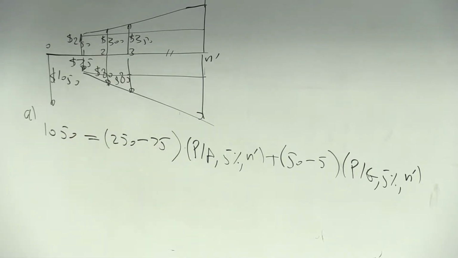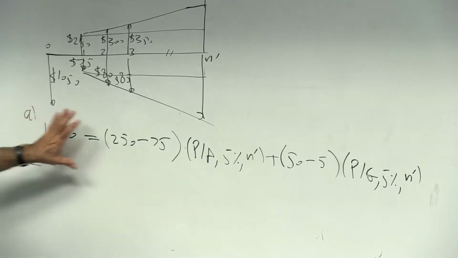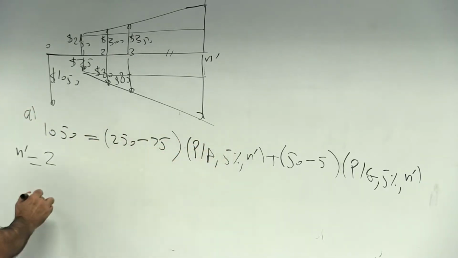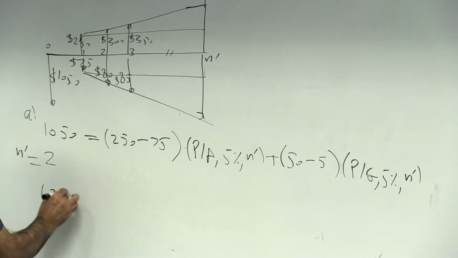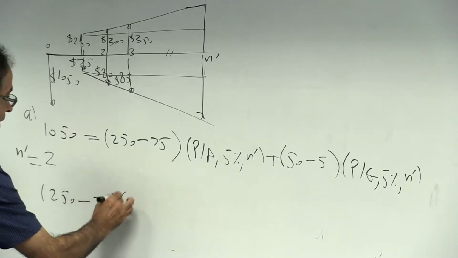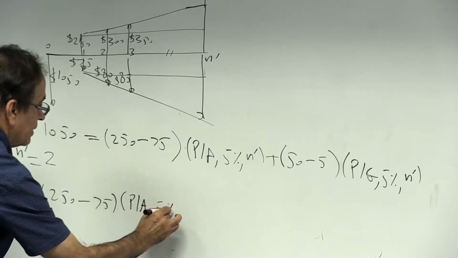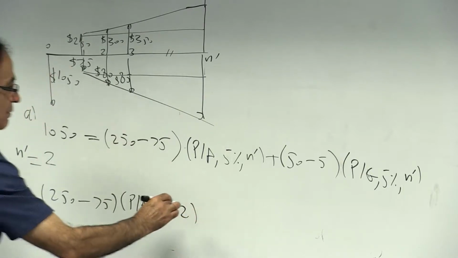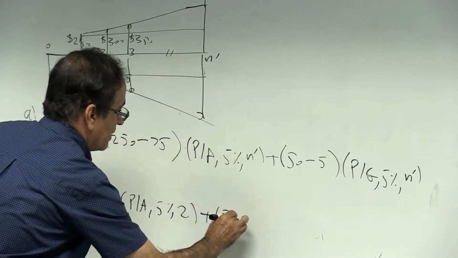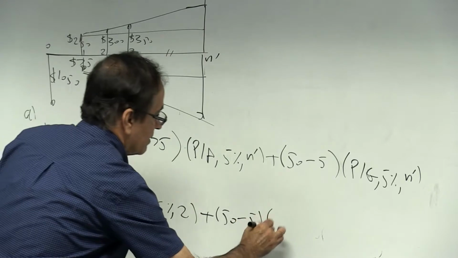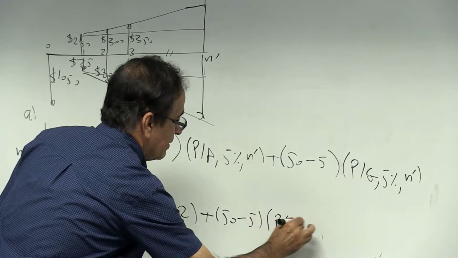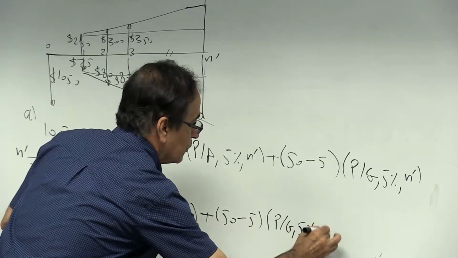So what we're going to do, we're going to guess. I'm going to start with n prime equal 2 here. Also, I'm going to take this 1050 to the other side of the equation. So it's going to be 250 minus 75 times P given A, 5% and 2 periods, plus 50 minus 5 times P given G, 5% and 2 periods.